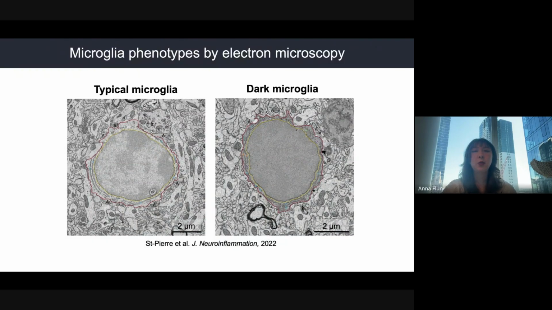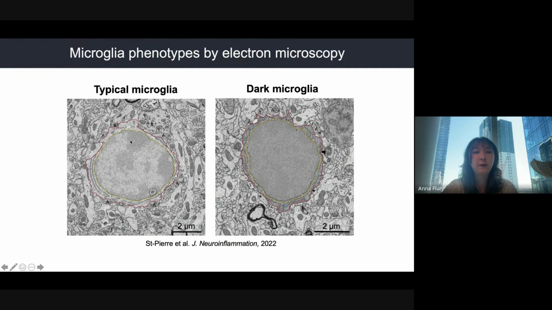To identify the subset, we took some clues from electron microscopy studies. I'm showing you here such studies that have characterized a subset that is known as dark microglia. On the left, what you'll see is typical microglia, or what microglial cells usually look like by electron microscopy.